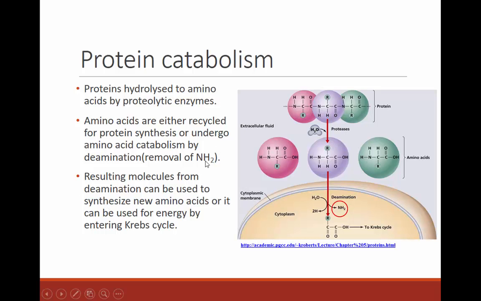So that NH2, that's why it's deamination. You're getting rid of the amino group. And those molecules, what's broken down, can be used to synthesize new amino acids, okay, or they can go into the Krebs cycle. So there's a number of different pathways where they can go.